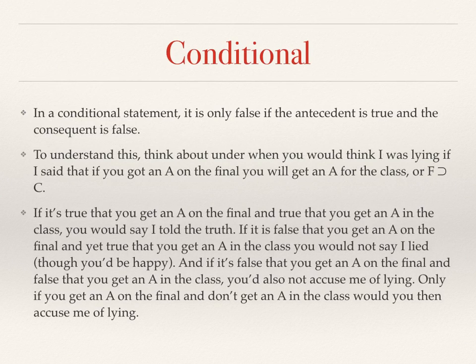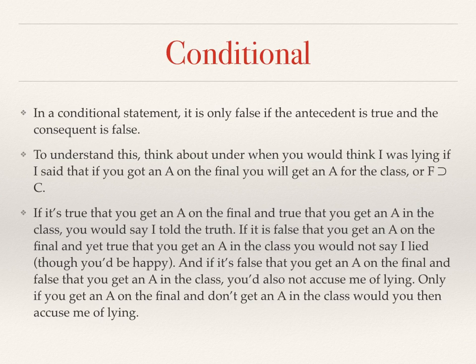If it's true that you get an A on the final, and true that you get an A in the class, you would say I told the truth, right? If it is false that you get an A on the final, and yet true that you get an A in the class, would you say I lied? You would not say that I lied, right?